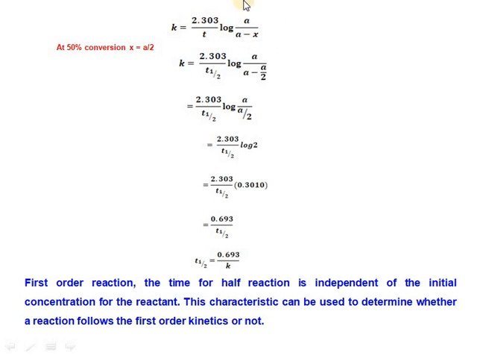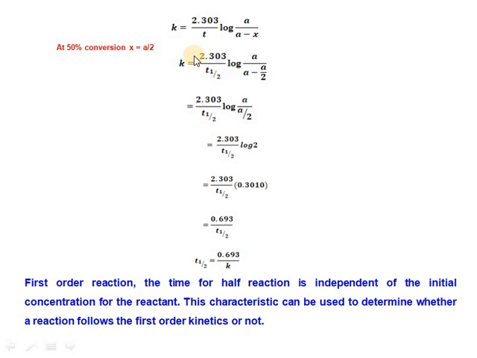For 50% conversion, x is equal to a by 2. Putting this value in the equation, we get t equal to t half and x equal to a by 2, so k is equal to 2.303 upon t half into log to the base 10 of a upon (a minus a by 2).